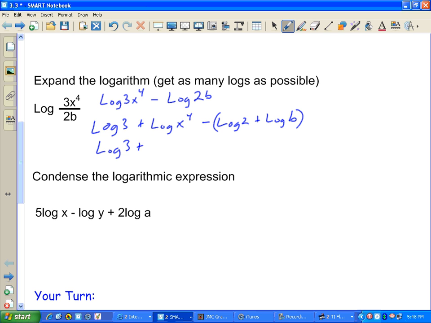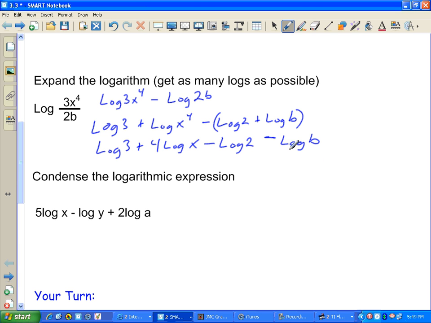This one I can drop the 4 down. Here I need to distribute my minus. Okay, and that's expanded. There's no more rules for me to apply. This is the expanded form.